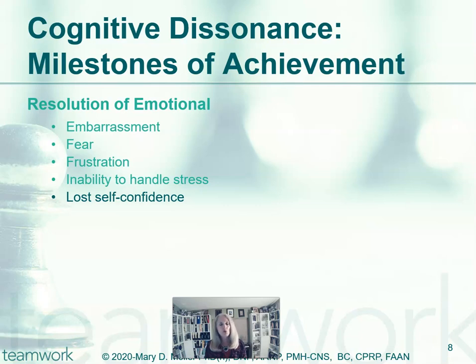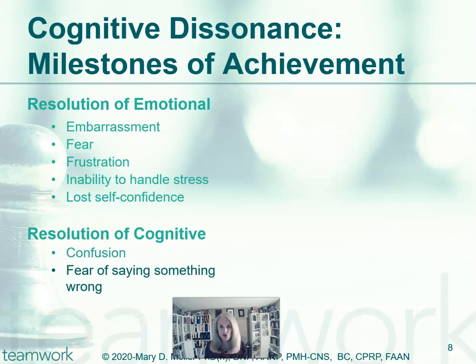I heard so many statements of how embarrassed these young people were at what they did, what they said, while they were experiencing this first break. We need to acknowledge this. Cognitive milestones. We have to deal with confusion. They're afraid of saying the wrong thing because it's generally saying something that got them into treatment.